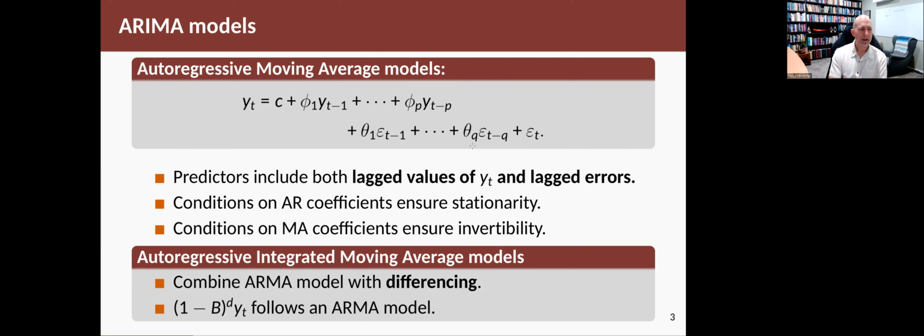And simply it means that you've done some differencing before you then go ahead and fit an ARMA model. And it can be more than one lot of differencing. So you say that the differenced series, having differenced d times, follows the ARMA model. The original series follows an ARIMA model.